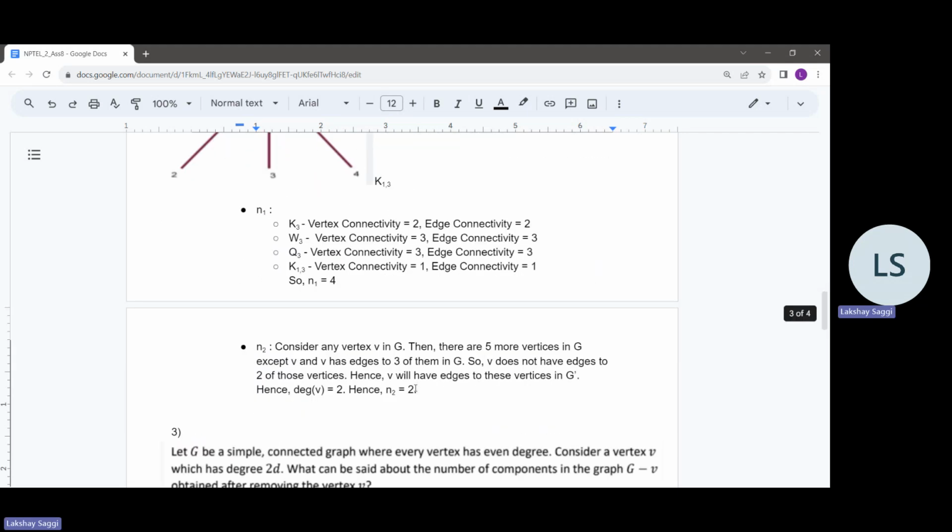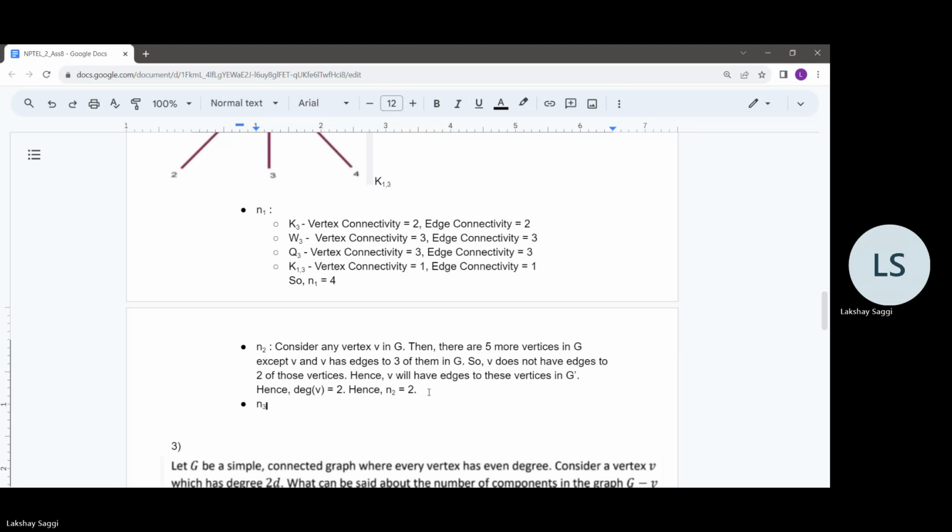I should write it down also. So how to calculate N3? The sum of degrees over all vertices is equal to 2 times the number of edges. If E is the edge set, then mod E denotes the cardinality of that edge set, effectively meaning the number of edges.